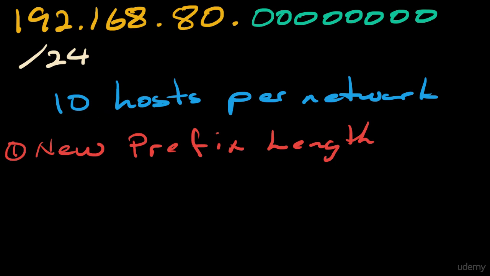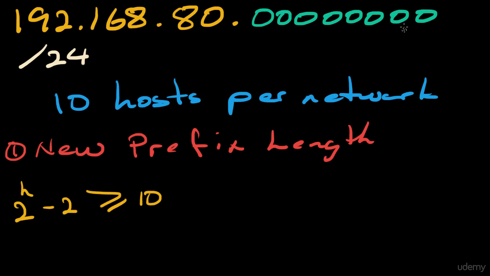Well, to solve that, it's quite simple. We have to figure out how many bits we leave for host ID so that we get 10 IP addresses, at least. In other words, 2 to the power of h minus 2 has to be greater than or equal to 10. What should h be? Well, if we only had 2 host bits, then it's 2 to the 2, which is 4 minus 2, which is 2.